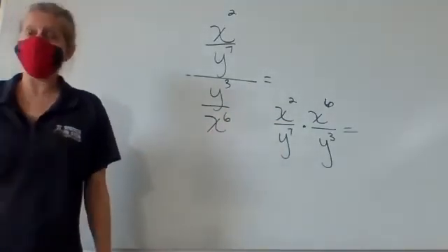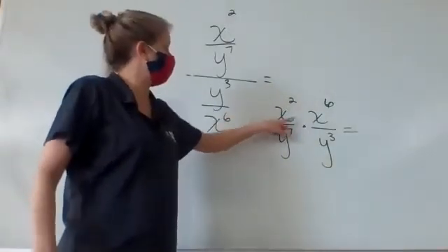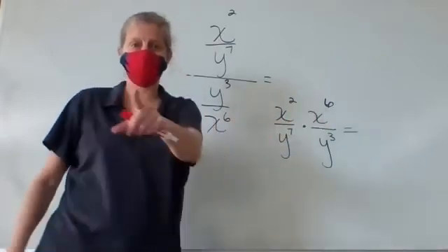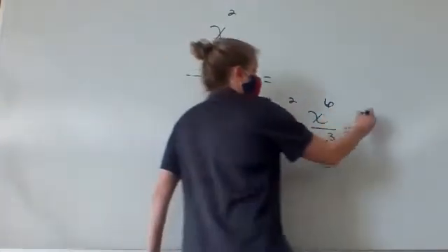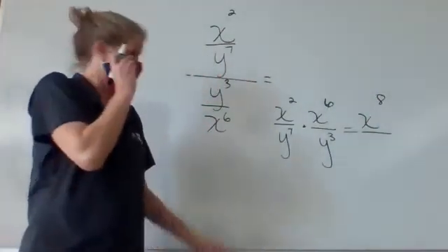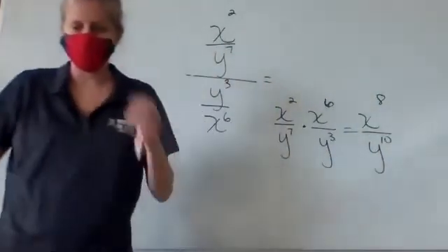Now I'm multiplying, just like always, straight across from top and bottom. What do you do when you're multiplying the same letters? You add the exponents. Good. So that gives me x to the 8th over y to the 10th.